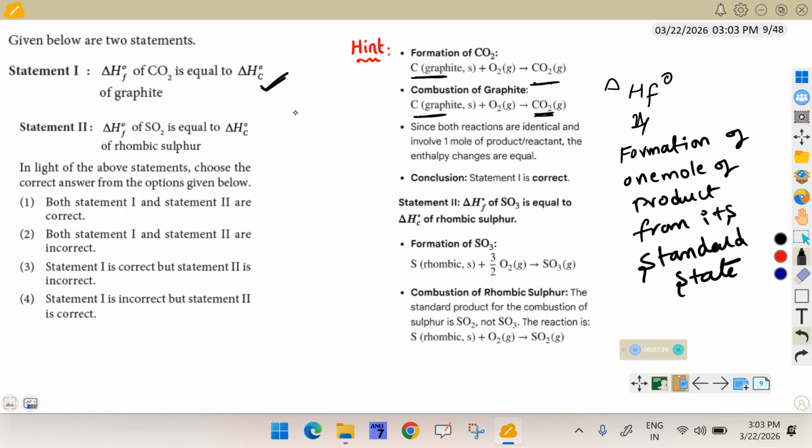So based on that, the first statement is correct. Graphite is a standard state. Heat of formation of SO2 is equal to heat of combustion of rhombic sulfur. Yes, this is also correct. So both statements 1 and 2 are correct. Very important.